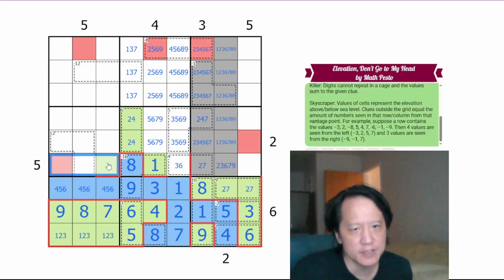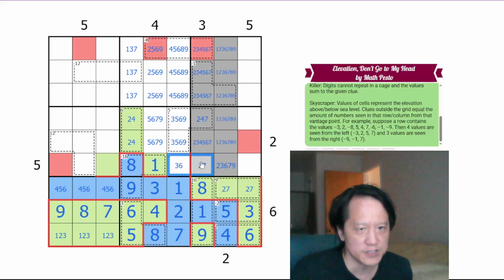So it must see these 4 at it. It will see one of these here. Probably. It will see 1, 2, 3 here. Can it ever see this cell?